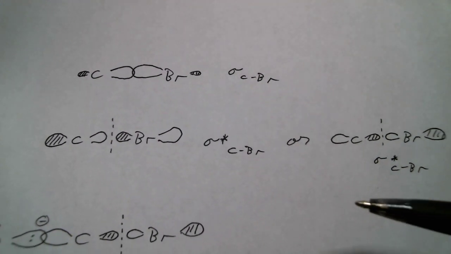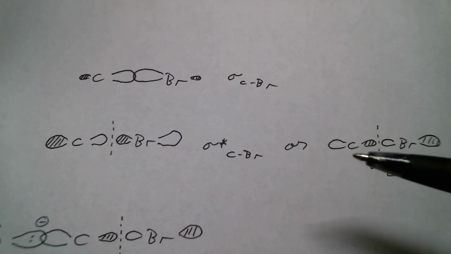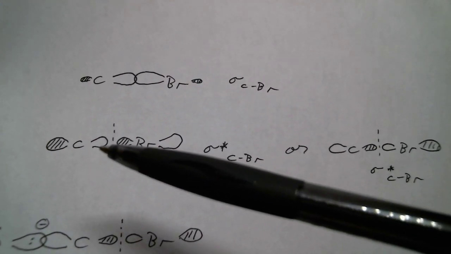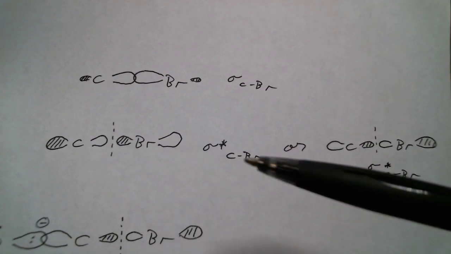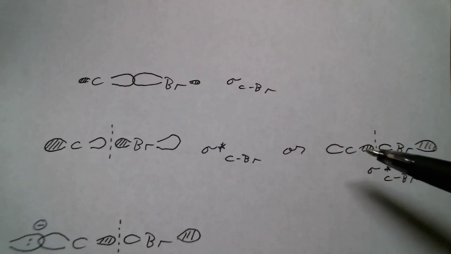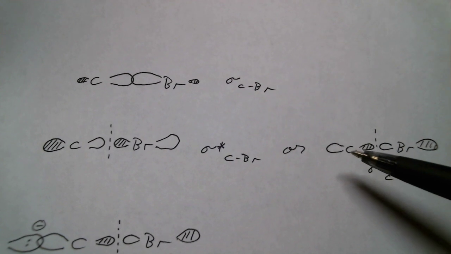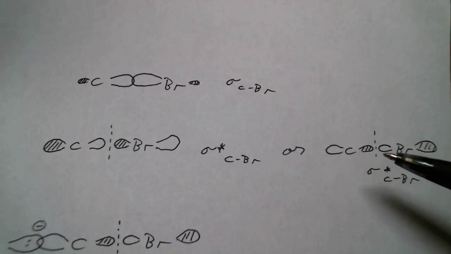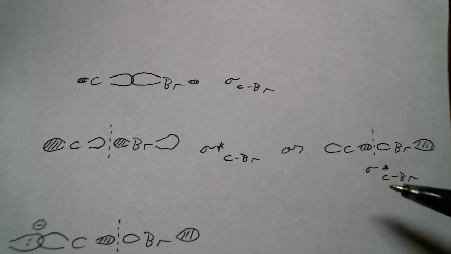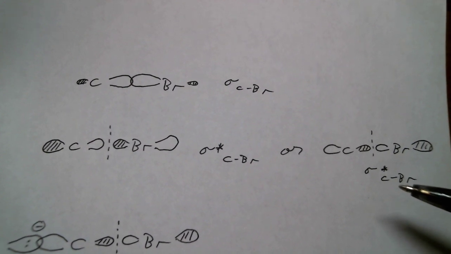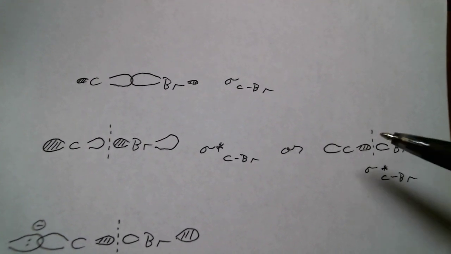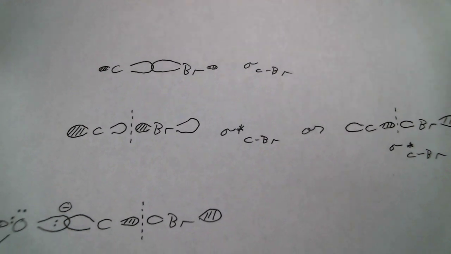They cancel each other out. It's arbitrary whether we chose the white lobe on carbon and the shaded lobe on bromine. We could equally well have chosen the shaded lobe on carbon and the light lobe on bromine. Those are antibonding combinations. We get a node between the two nuclei.